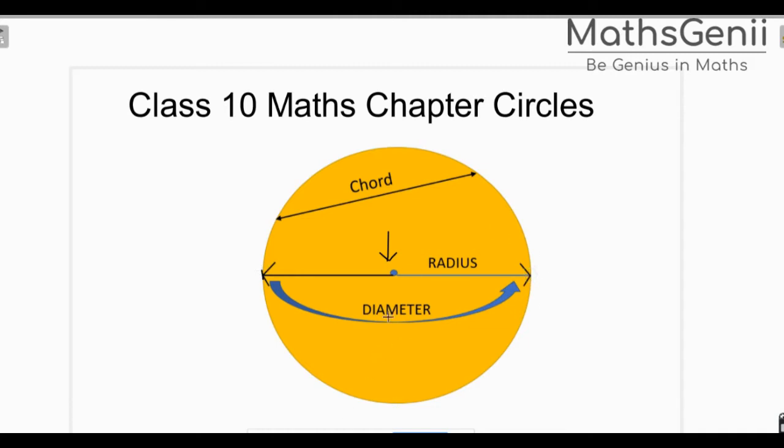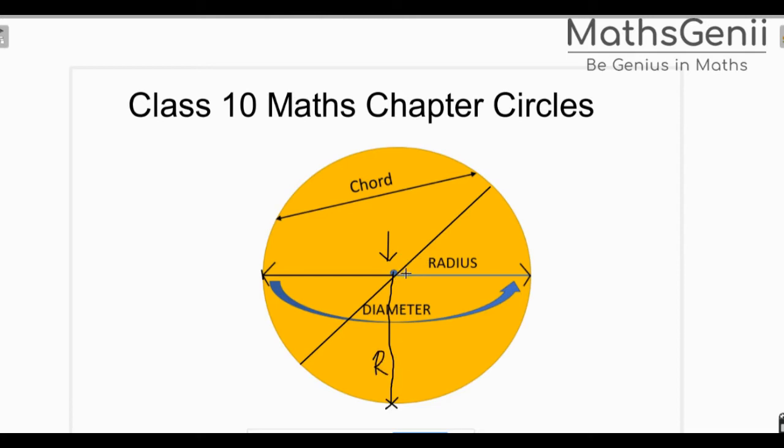Okay, not necessarily the diameter should look like this. Diameter can look like this also. See, this is passing through the center and touching two points. This is also a diameter. Radius can also look like anything like this, the one which passes from the center and touches one of the points of the circle.